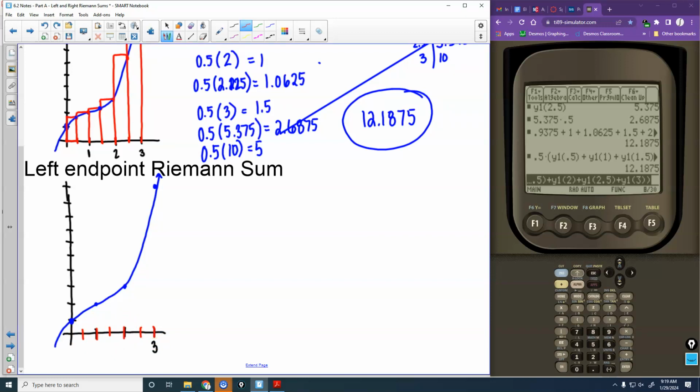And we are, once again, splitting this into 6 subintervals. But this time it's asking us to do a left endpoint Riemann sum. So a left endpoint Riemann sum means that the left corner of your rectangle has to be on your graph. So for this one, it would look like this.